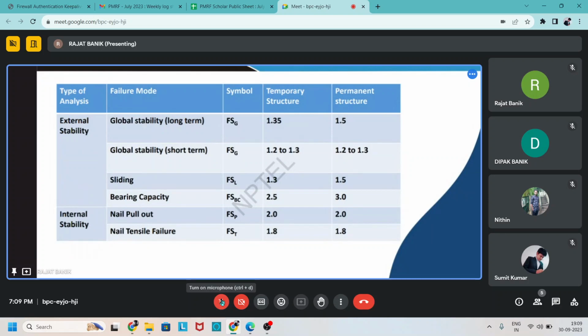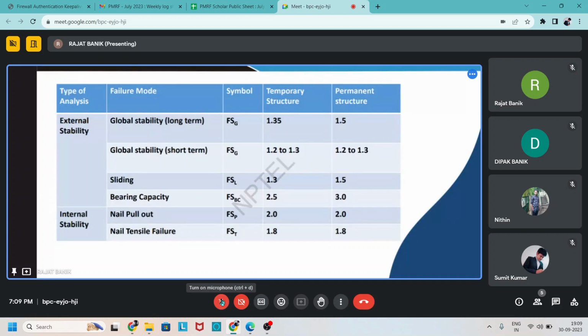And based on this, the factor of safety is given. For the external stability failure mode, for a short term structure, the factor of safety is 1.35. For permanent structure, the factor of safety is 1.5.